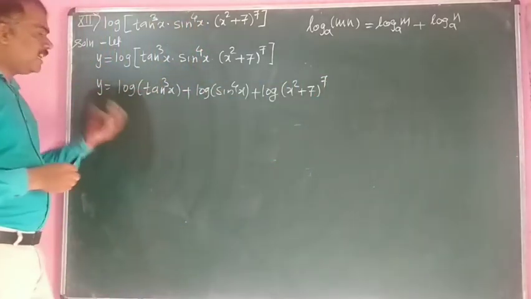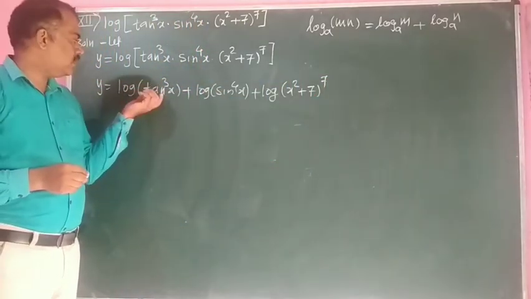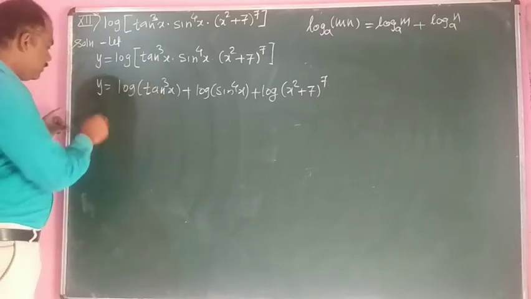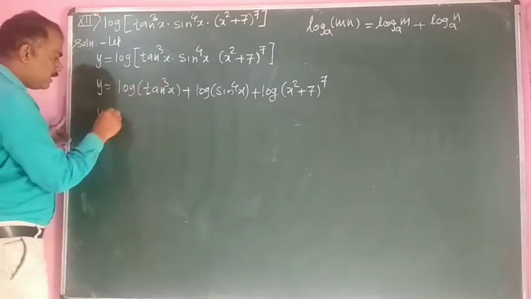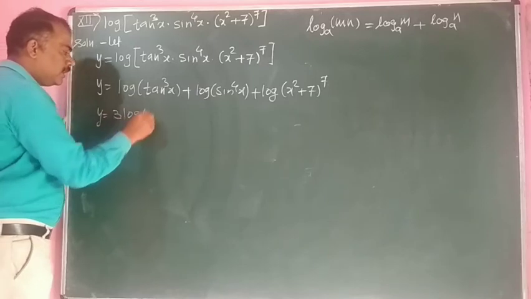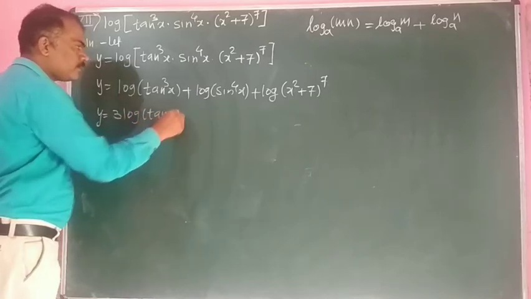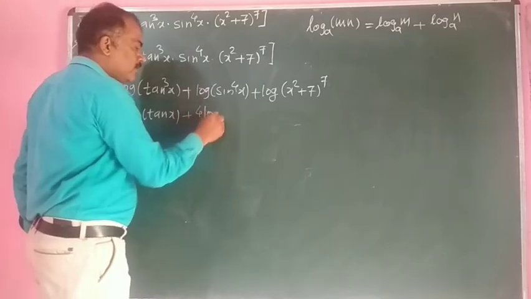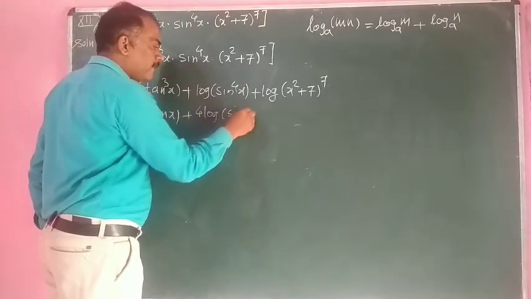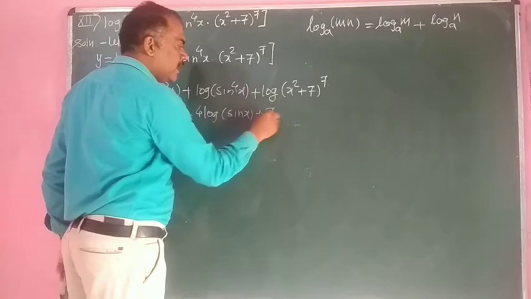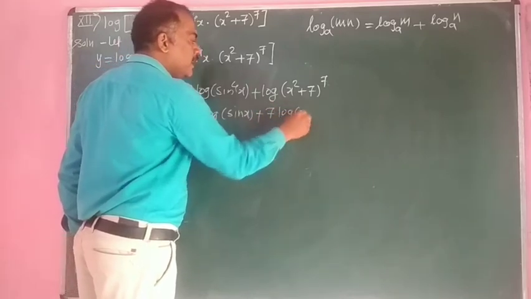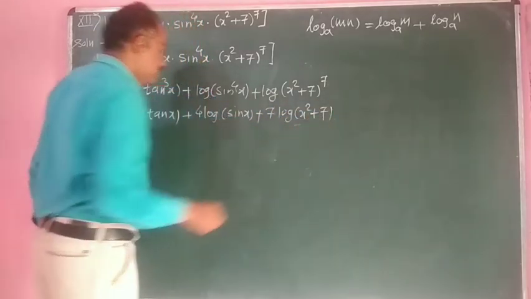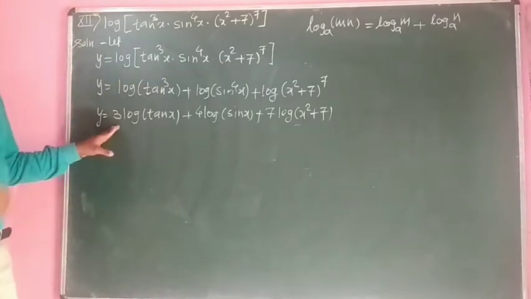Again by using the laws of the logarithm, what we get: y is equal to 3 times log of tan x, plus 4 into log of sine x, plus 7 into log of x square plus 7. After that we cannot simplify it further.